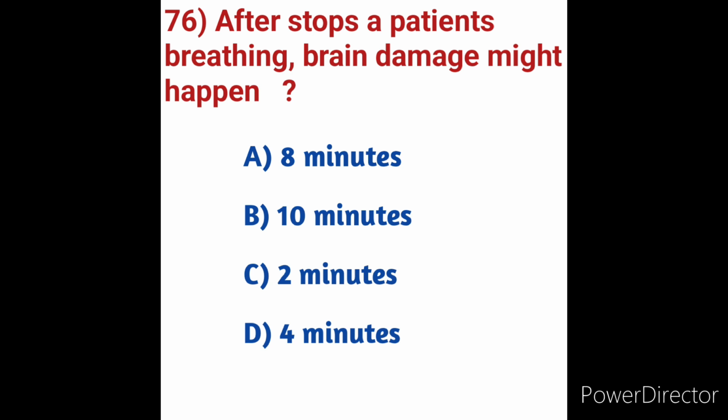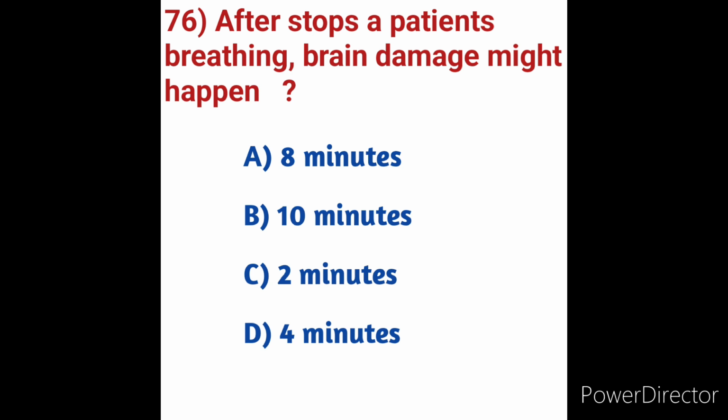Cerebral hypoxia can kill brain cells and lead to brain damage and death. So here, after a patient's breathing stops, option D, 4 minutes, is the correct answer. Permanent brain damage begins after only 4 minutes without oxygen, and death can occur as soon as 4 to 6 minutes later.